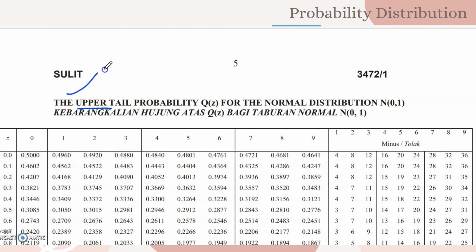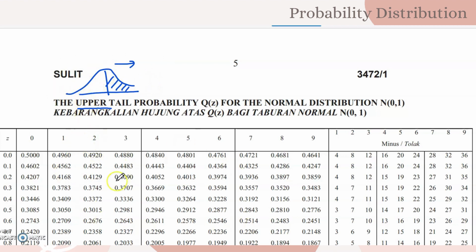So the value of the probability in the table starts with 0.5, which is only one part. For a probability distribution, the whole area under the curve is equal to 1, so the left hand side and the right hand side are each 0.5.